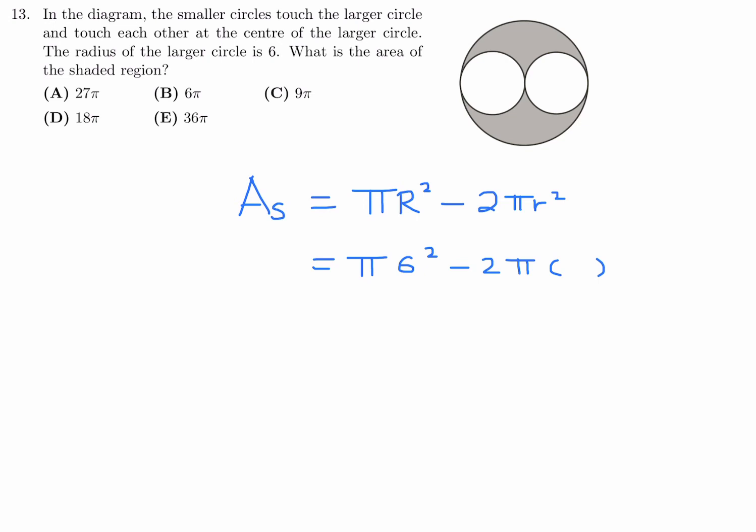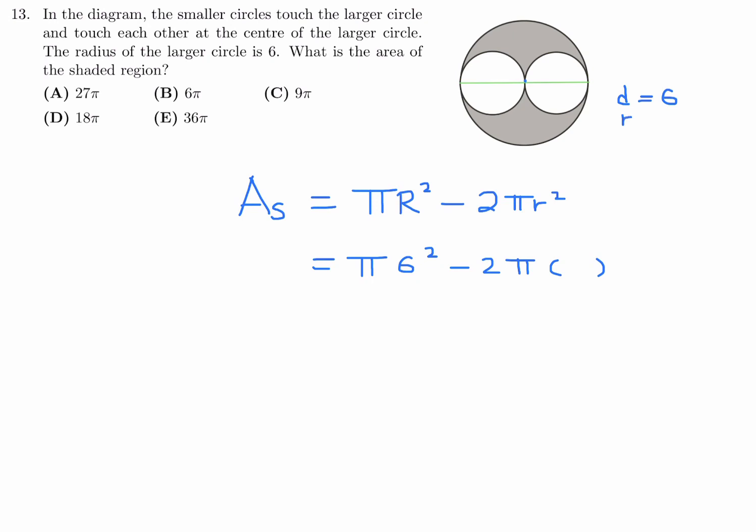Well, if you draw a line from one end to another, that full line represents the diameter of the large circle, and that is going to be 2 times 6, right? Because the radius is 6, so that's 12. But from the middle point, which is right here, to there, that's 6. So that means that the diameter of the small circle is 6.